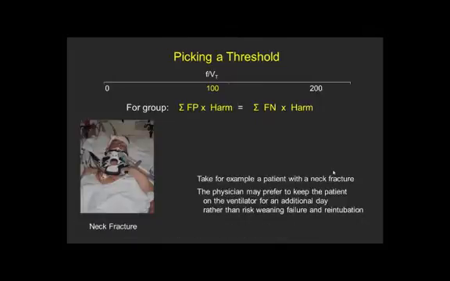in deciding what you do. For example, if we have a patient with a neck fracture, then the physician may prefer to keep that patient on the ventilator for an additional day rather than risk weaning failure and reintubation, because reintubating a patient with a neck fracture is obviously extraordinarily risky compared with any other patient.